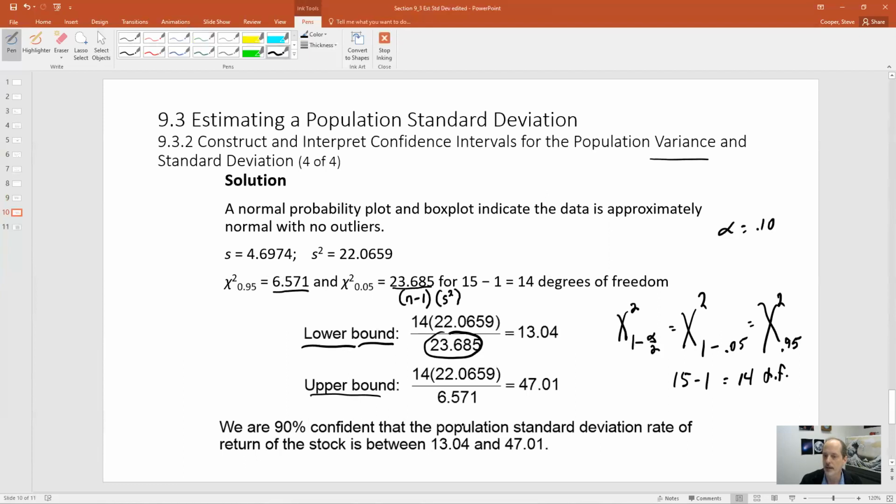So we're 90% confident that the population standard deviation, well, this is incorrect because they didn't take the square root. So let's change that to variance. And we'll calculate the standard deviation ourselves. So I need a square root of 13.04.